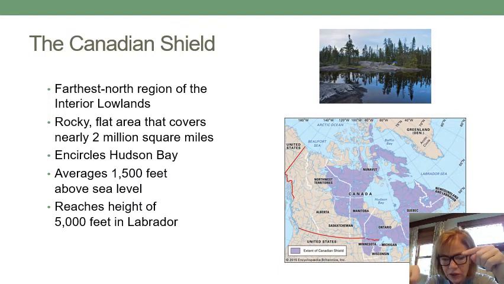If you go to this area up here, you can kind of tell all the lakes that are in all of these different places. The reason for that is it's on this bedrock. It's just very, very thick rock that is right there, and so the ground is not very thick, and the dirt isn't. So it pretty much encircles all of Hudson Bay right there, and it's real boggy.